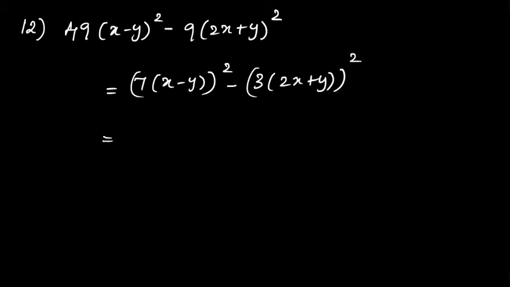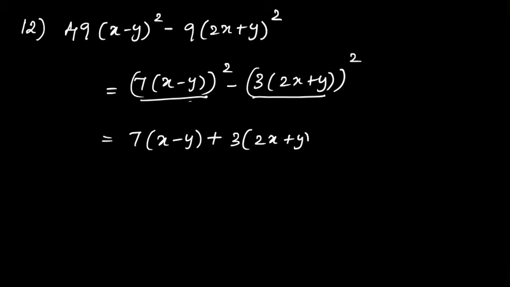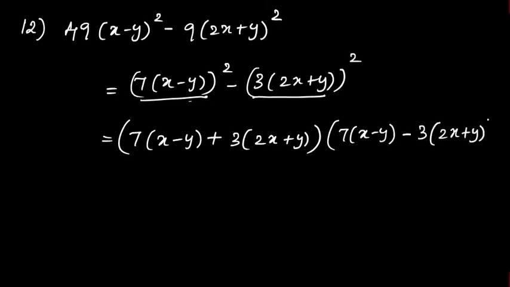So here a value is 7 into (x minus y) and b value is 3 into (2x plus y). So substitute in the formula a plus b, we get 7 into (x minus y) plus 3 into (2x plus y). So similarly a minus b, we get 7 into (x minus y) minus of 3 into (2x plus y).